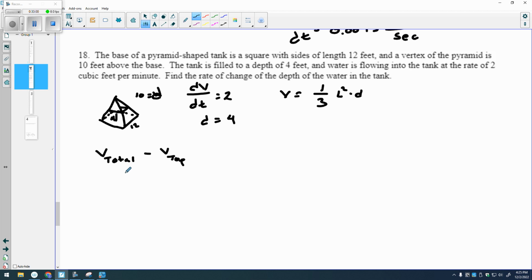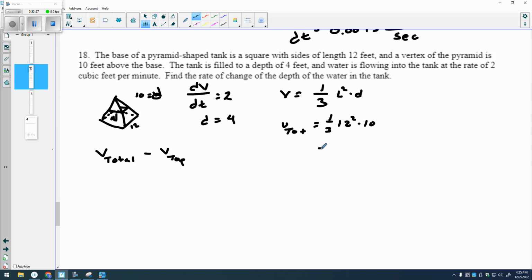So what's the volume of the whole entire pyramid? This will be a constant, so I can find this before I take the derivative. The volume of the total is 1/3 the length, which is 12, squared, times the height, the depth, which is 10.